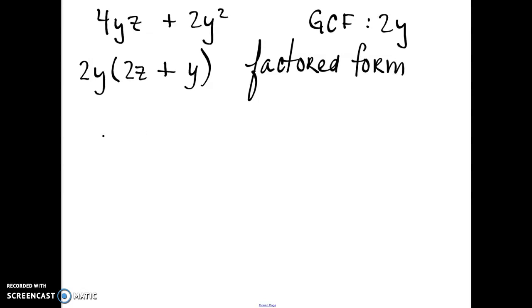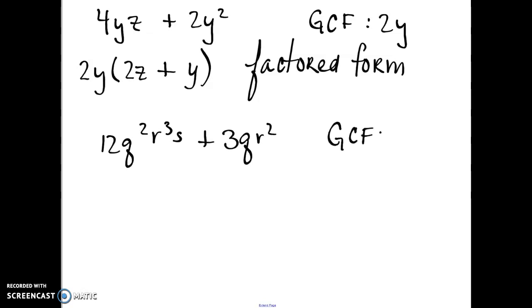If we look again at the 12q squared r cubed s, and this time we're going to go ahead and add 3qr squared. We said before the GCF between these is 3qr squared. That means that that factor is in both of these terms.